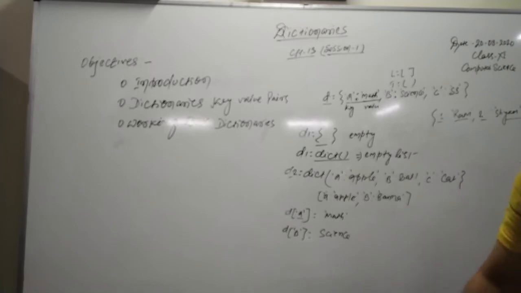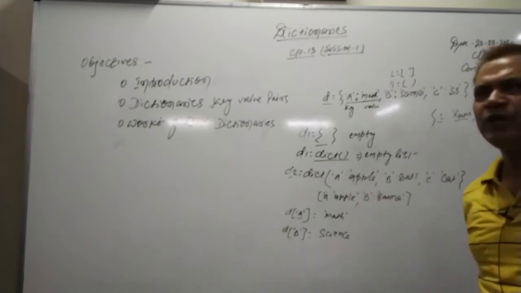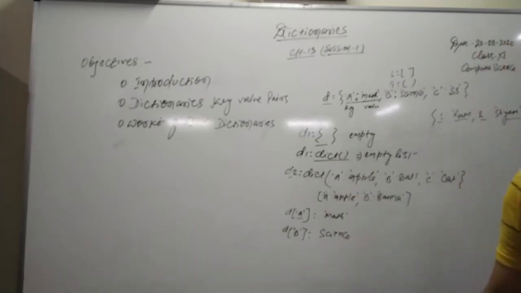Now there are different ways to access the keys and values of the dictionary. We have two methods in a dictionary that will definitely help you.